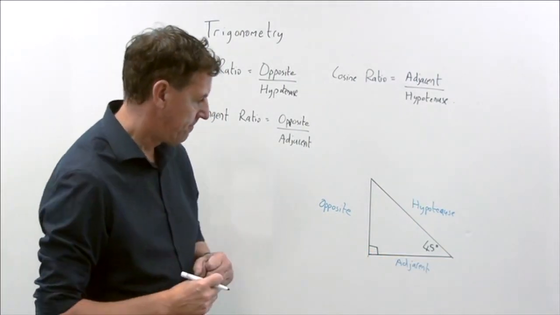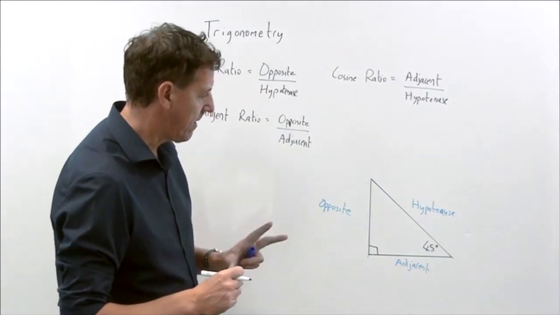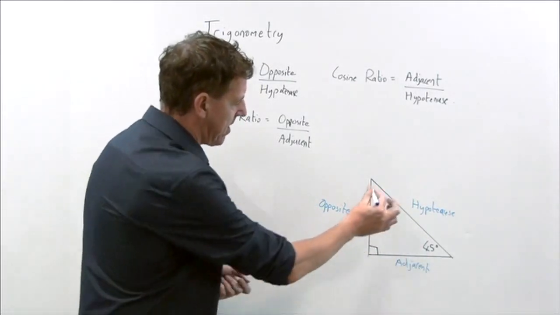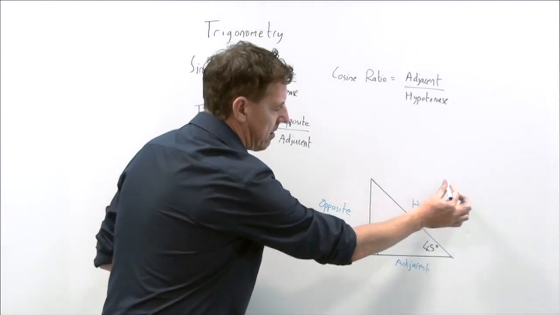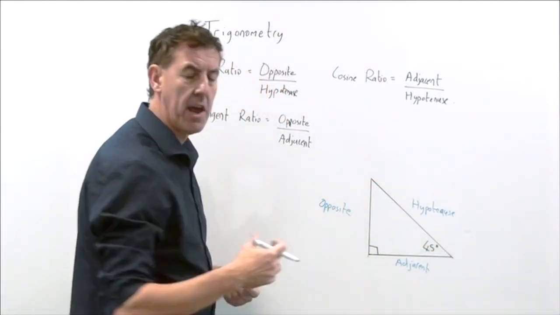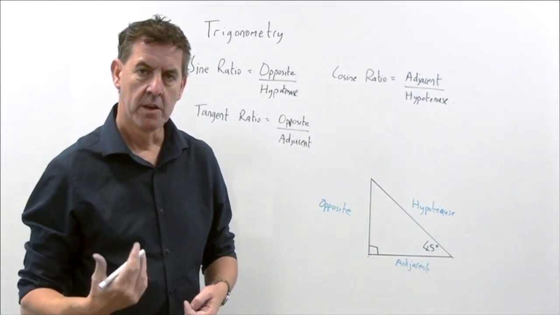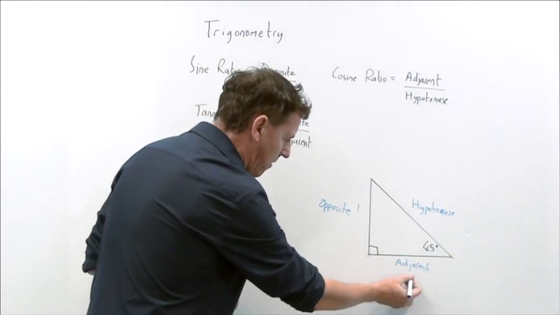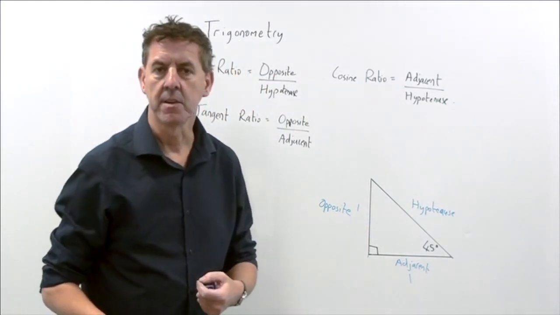Well, basically, if you imagine, okay, we've got a 45 degree angle here, then this would be a perfect square. So you're cutting through at 45 degrees a perfect square. So you could have these sides to be 1 and 1, 1 centimetre, 1 centimetre.